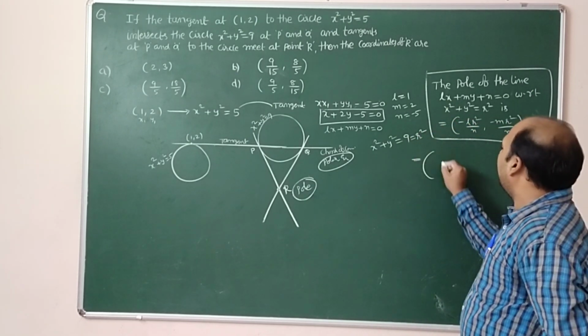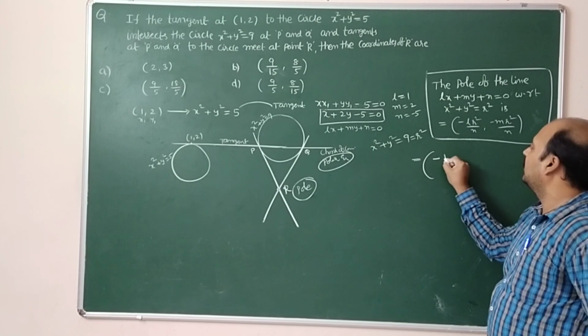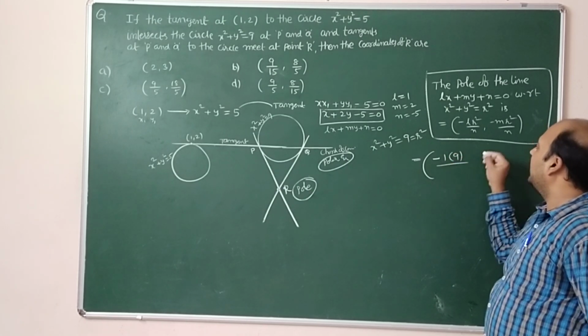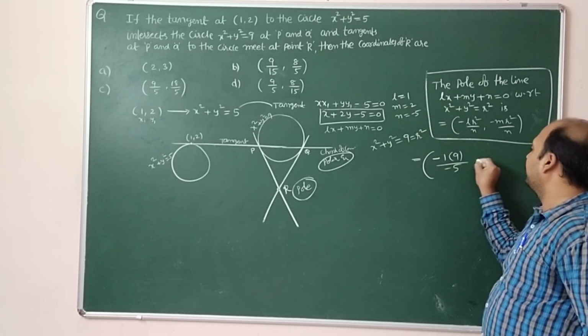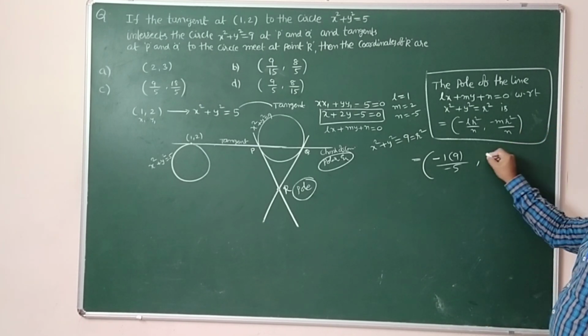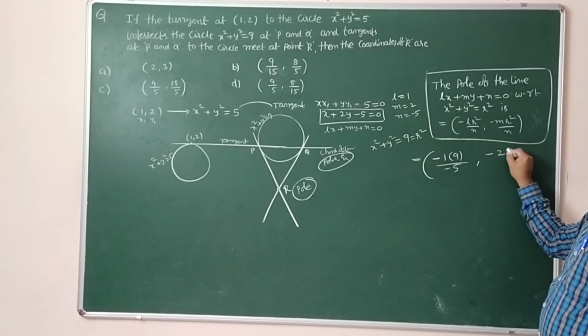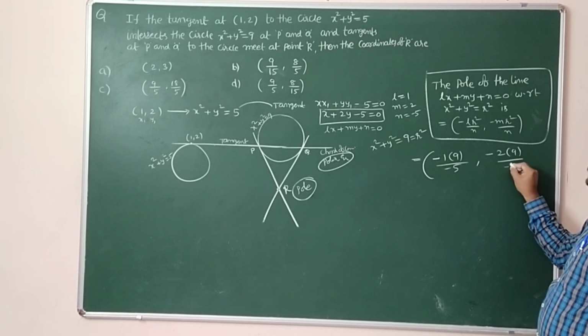Substitute in this formula: minus L value is 1, r² is 9, divided by N value which is −5. Minus M value is 2, r² is 9, divided by N value −5.